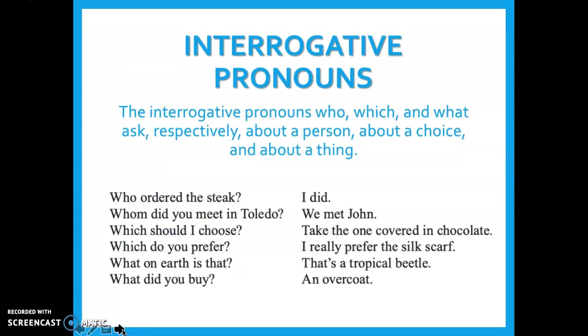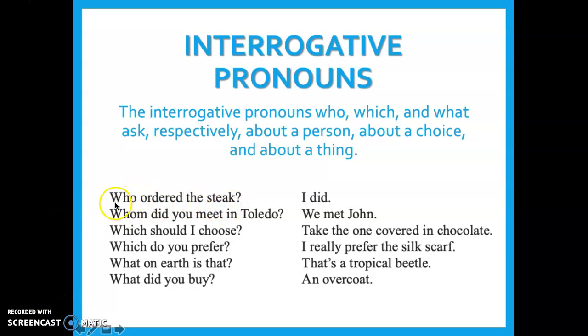And the last one is the so-called interrogative pronouns. As the name implies, interrogative pronouns are pronouns that are used in interrogative sentences, like who, which, or what. Of course, who is asking about a person, what is asking about a thing, and which is also asking about a thing, with a choice.